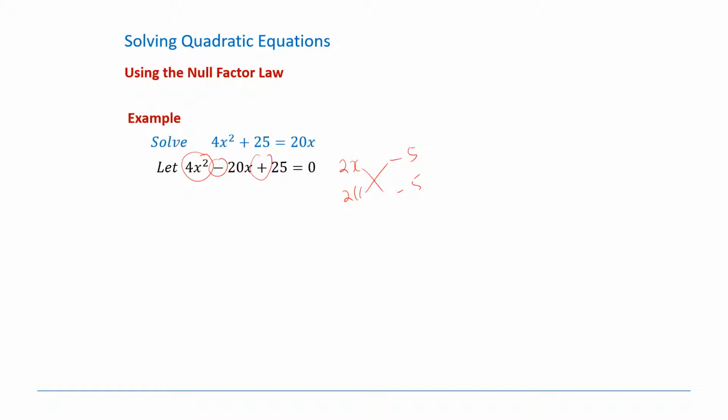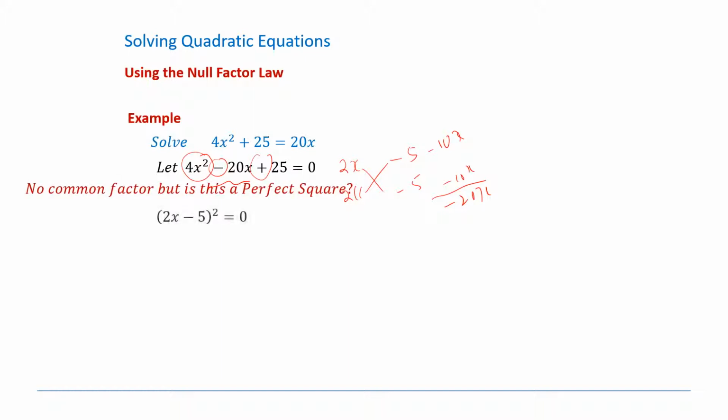Negative 5 times 2x is negative 10x. Negative 5 times 2x, negative 10x. Add up together, it gives me negative 20x, which is that middle term. So actually 4x squared minus 20x plus 25 can be factorized into 2x minus 5 times 2x minus 5, which is a perfect square, right?